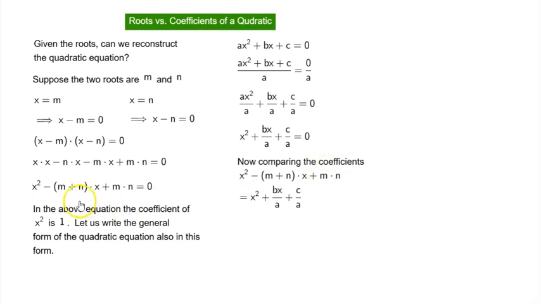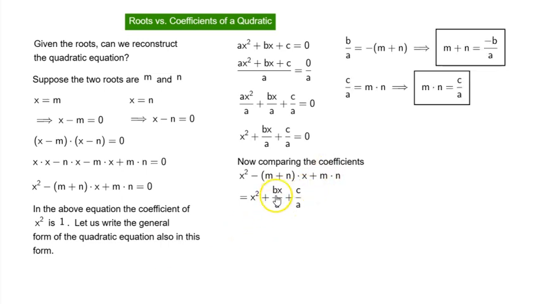Now comparing the coefficients, see here, this is a quadratic equation and this is also a quadratic equation. They have the same structure and they are both equal to 0. So we can compare the coefficients and equate them. We get b by a is equal to minus (m plus n).